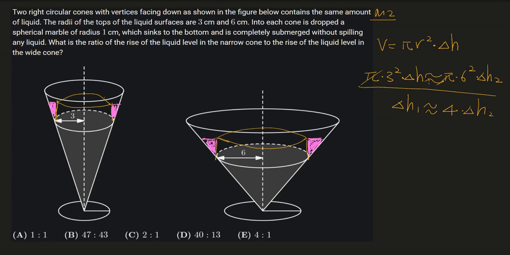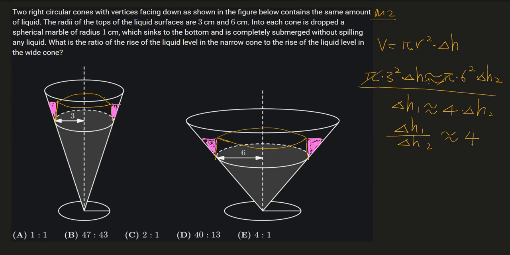Even though we are not accurate, by checking this pink part, the volume that we left out is very small compared to the volume of the cylinder. Therefore, the ratio of delta H1 to delta H2 should be in the neighborhood of 4. It should not be too far from there.